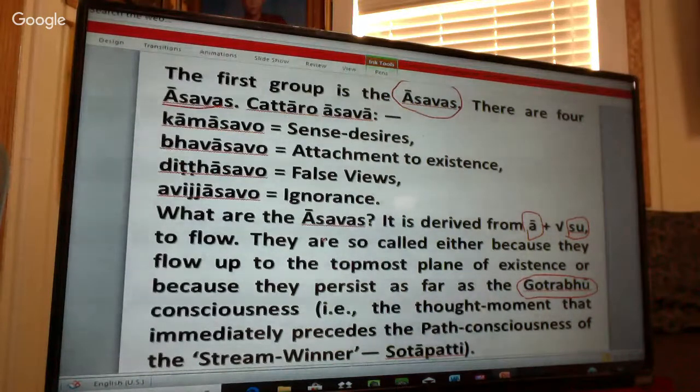Gotrabhu is explained as the thought moment that immediately precedes the path consciousness of stream-entry, Sotapatti Magga. The consciousness before Sotapatti Magga, we call Gotrabhu.